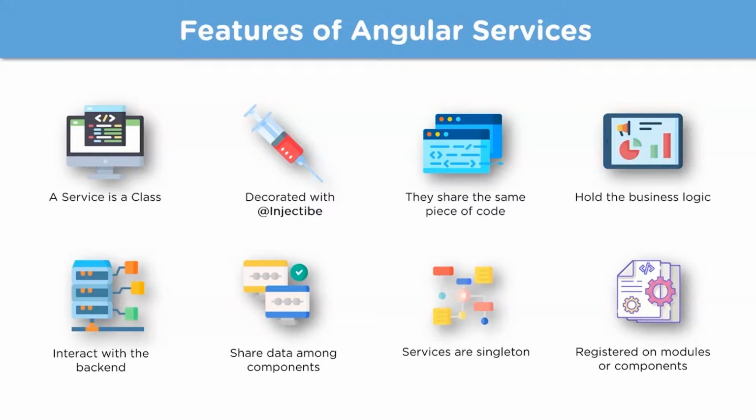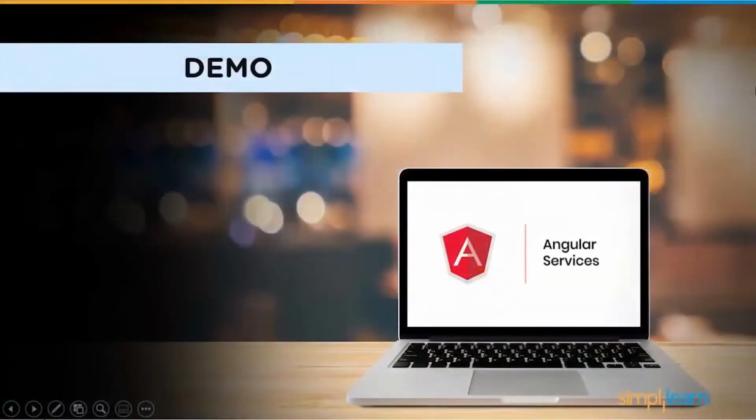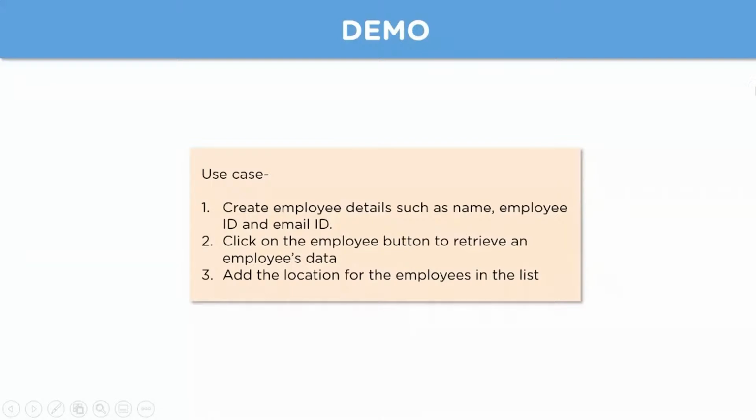I'm sure you'll understand the concept of services better if we look at a simple demo. So in the next section, we're going to look at a demo, but before that, let me tell you the use case. So basically in the demo, what we'll do is we'll create an employee details list. Say for example, you will have employee information like name, employee ID, and their email ID.